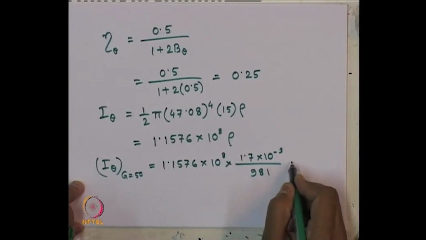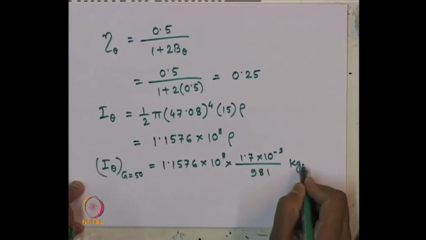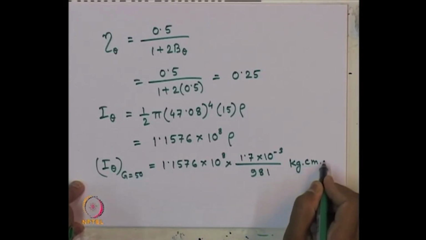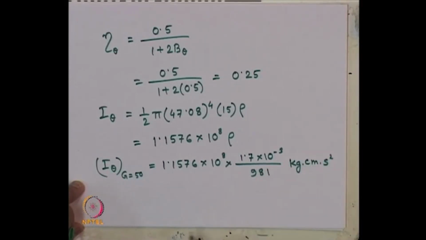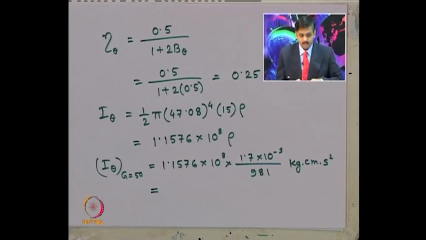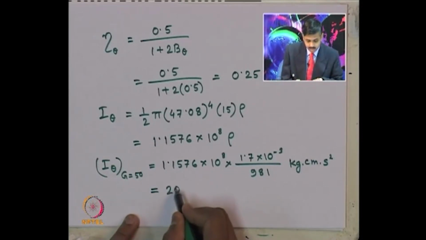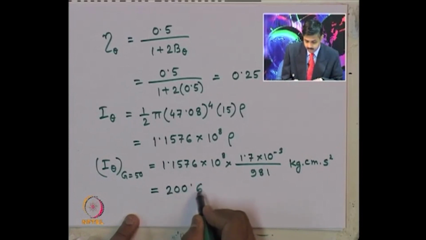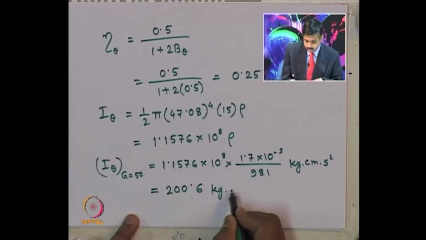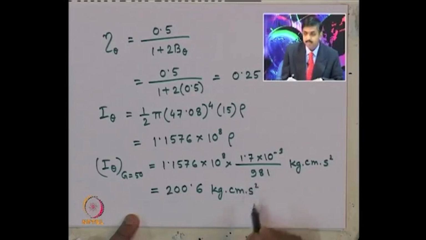So, what is the unit? Kg centimeter second square once again. Okay? Kg means kg force here we are considering. So, if we calculate this, how much we will get the value of I theta for g equals to 50 kg per centimeter square? It is calculated as 200.6 kg force centimeter second square.